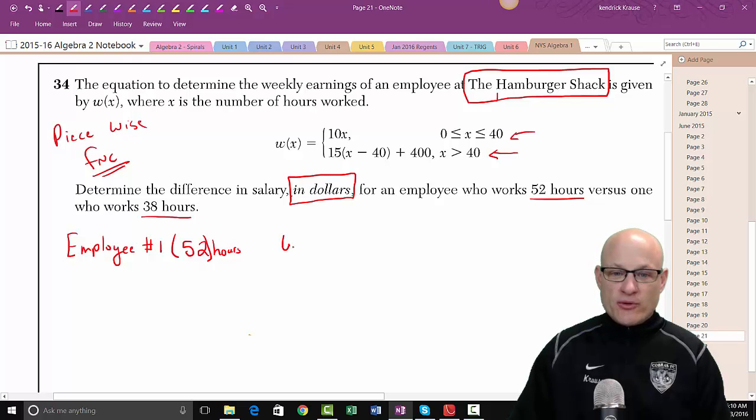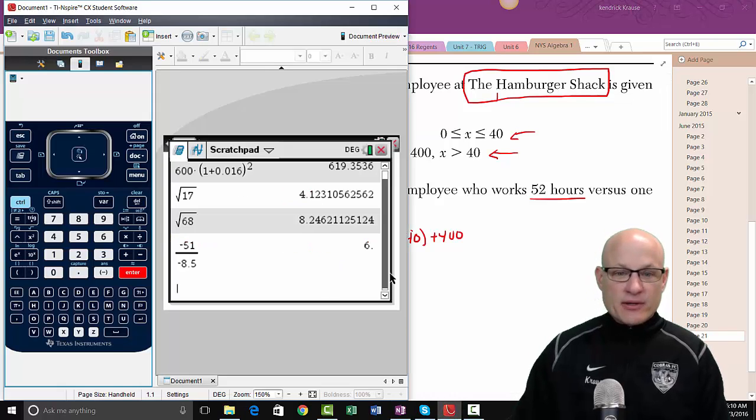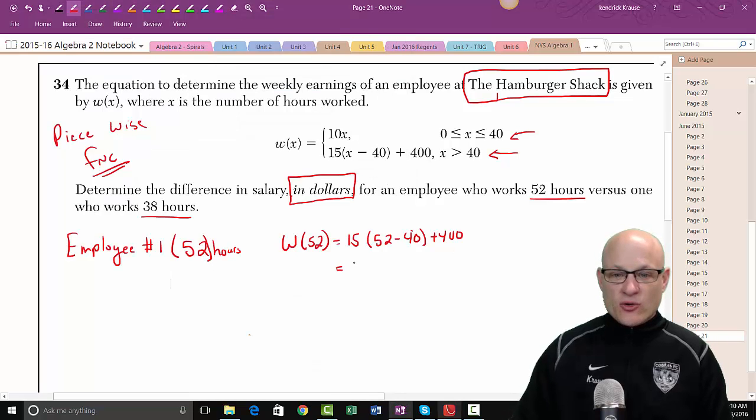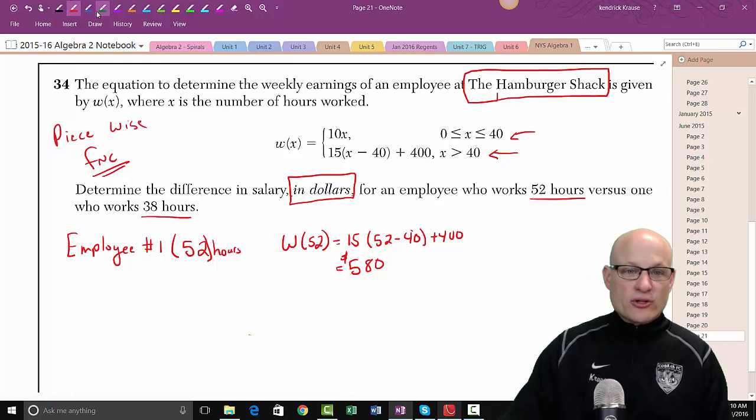W of 52 is equal to 15 times 52 minus 40, plus 400. Type that in your calculator: 15 parenthesis 52 minus 40 parenthesis plus 400, not 4,000, 400. $580. So it'll make $580.